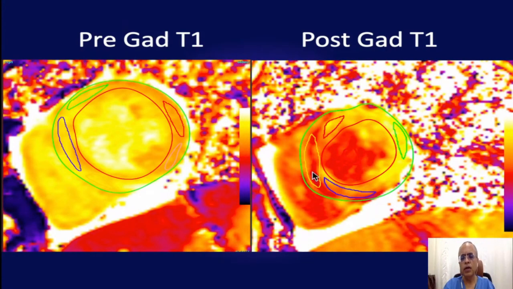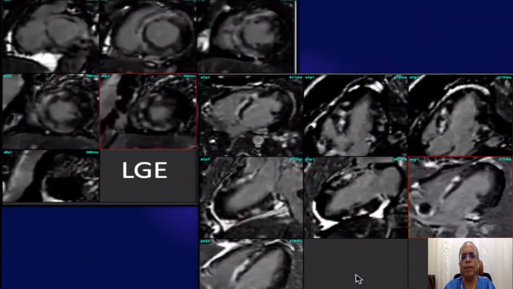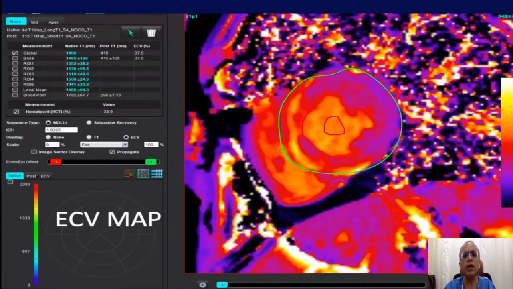So using the ratio of the signals of the blood pool versus myocardium, we can calculate the extracellular volume of the myocardium, and that extracellular volume of our patient is very, very high. It is 38%. And you can also see the extracellular volume map here, where the higher extracellular volume is shown by the lighter colors, and you can see that there are areas where there's a lot of extracellular volume expansion, telling you that these are the areas of inflammation and edema.